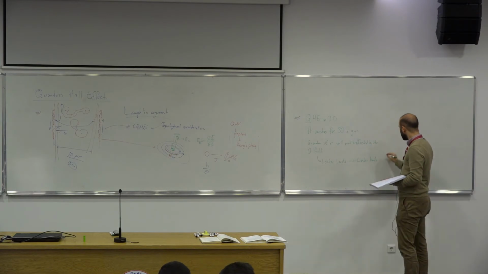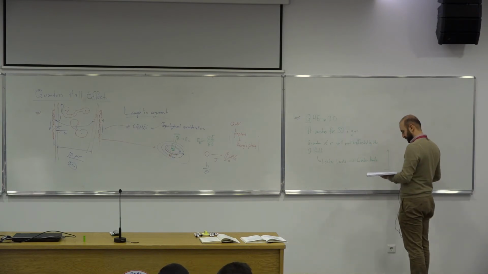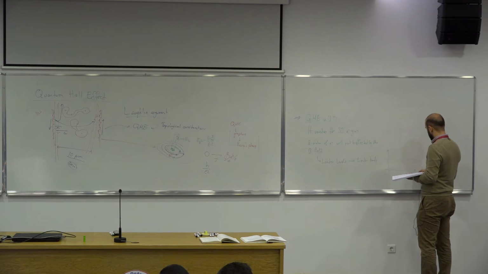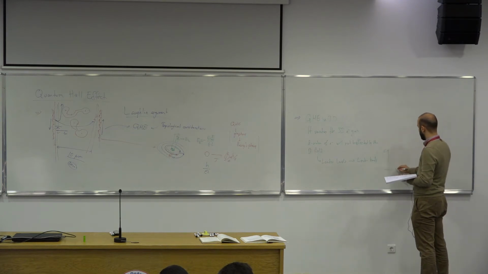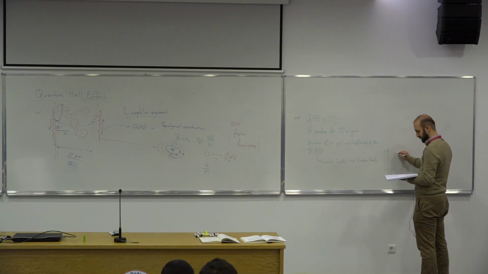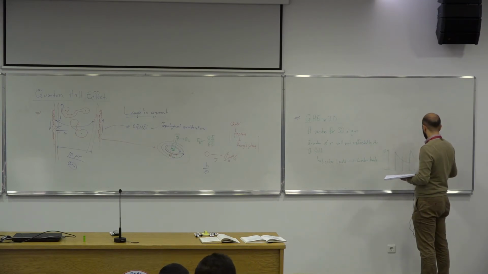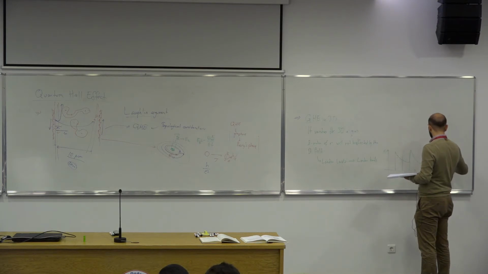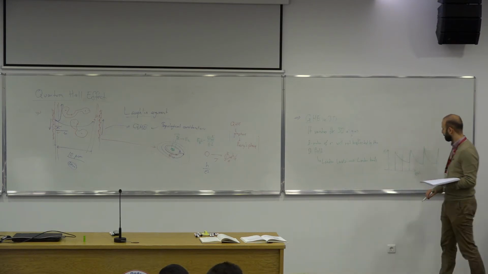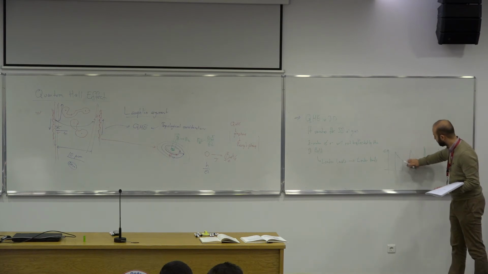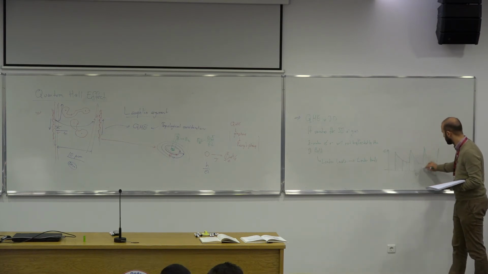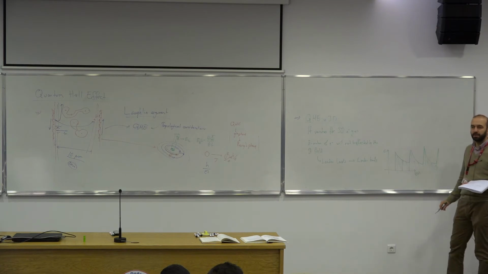So if you look at the density of states, this is the energy. This is what we had with discrete Landau energies. But in 3 dimensions, these energies will form such bands that are connected. So these states will be able to fill up with electrons.